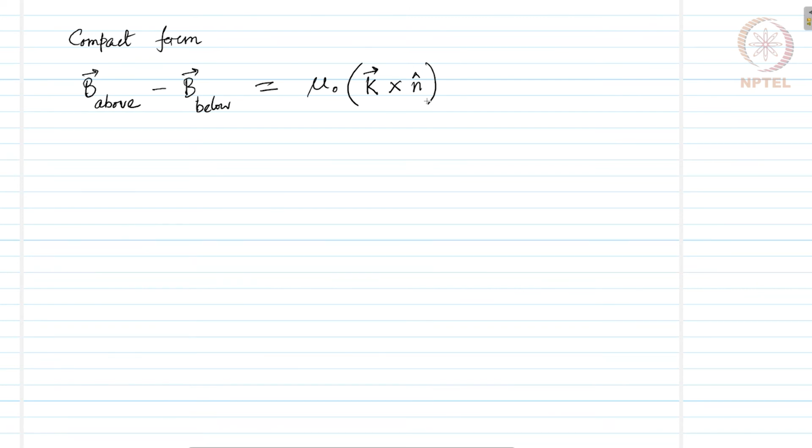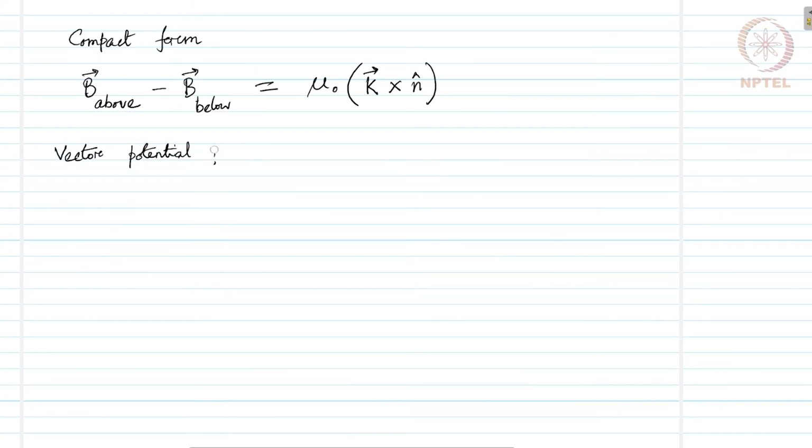How about the vector potential? The vector potential, because it is a potential, and by differentiating it and by taking the curl of that quantity, we are going to get the magnetic field.